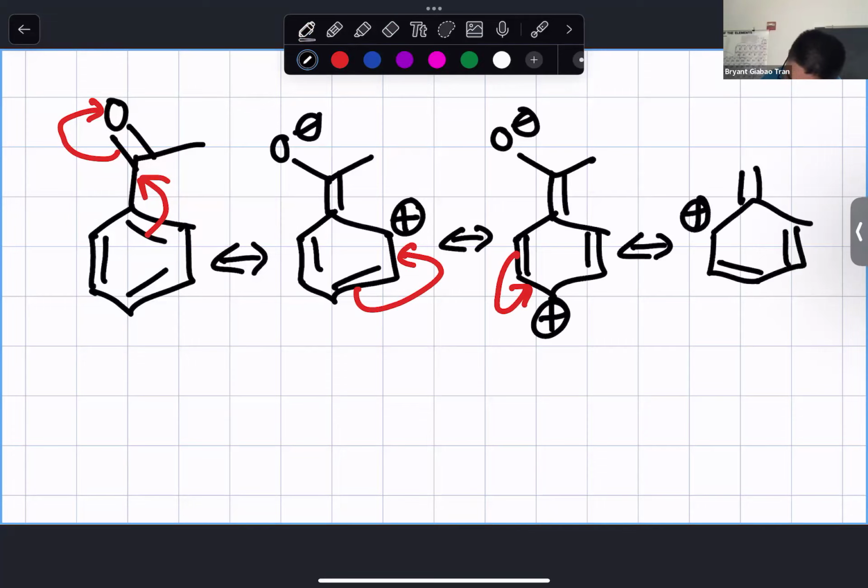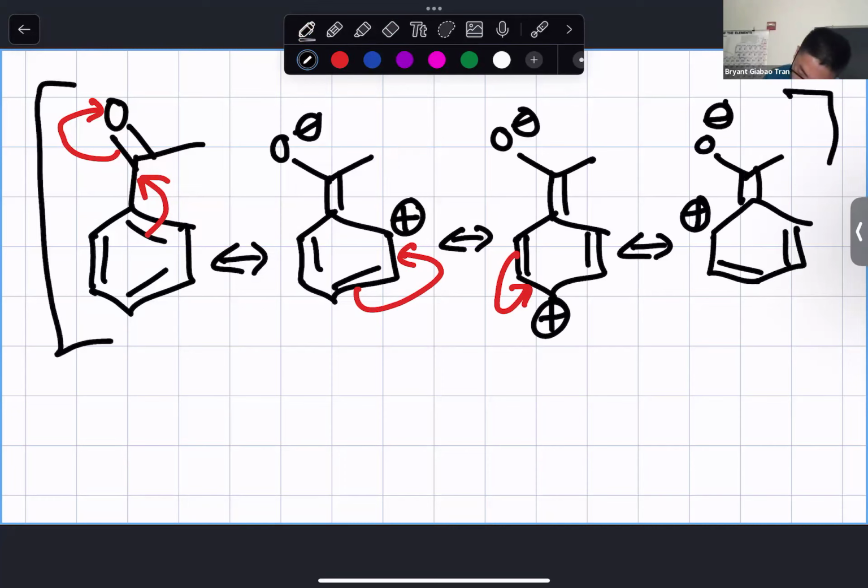So these are all the resonance structures with that EWG. We notice in this case, like the EDG, they introduce charges in the benzene ring, but this time it is not negative charge. It introduces positive charges on the benzene ring. And the positive charges we see here are ortho and para to the EWG, right?